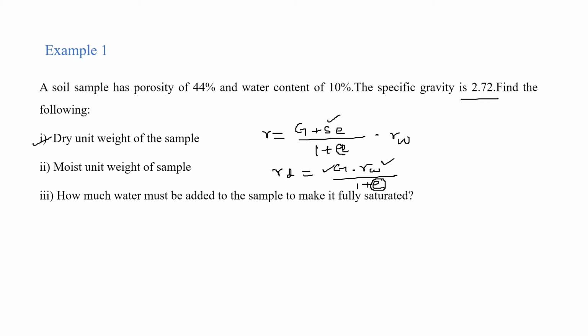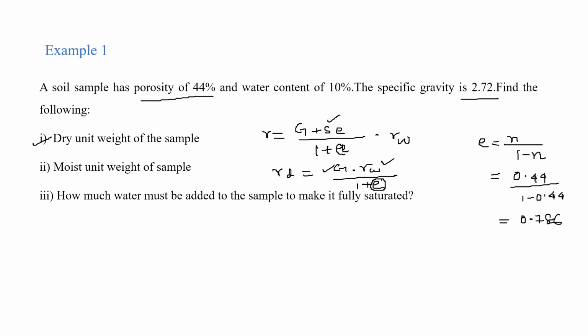So what we can do, we can again recall a relationship that we have obtained between the porosity of the sample and the void ratio of the sample, as the porosity is given. So let us find the void ratio, e equals n divided by (1 minus n). I hope we can recall it. Putting n as 44%, that means 0.44, we get the void ratio as 0.786, right?